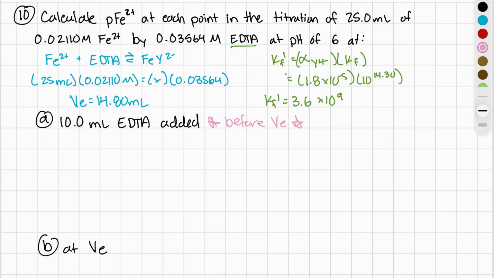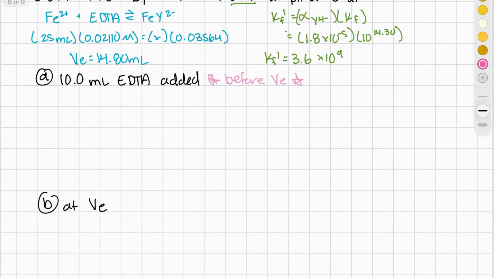No, 14 minus 10 is like 4 milliliters before VE. Okay, but to solve this part of the problem, what we need to remember is what is in our solution. So at this point, we have excess of that Fe2+. We have not added enough EDTA to be at equilibrium.